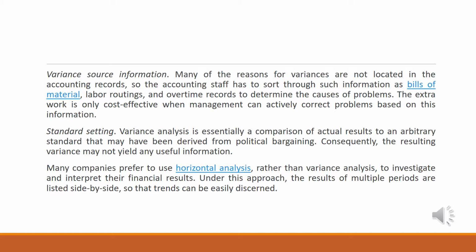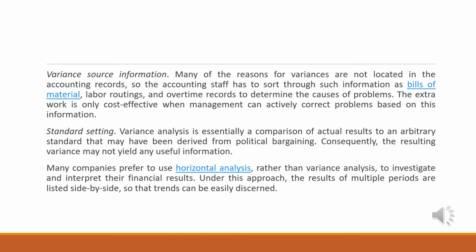Third, standard settings. Variance analysis is essentially a comparison of actual results to an arbitrary standard that may have been derived from political bargaining. Consequently, the resulting variance may not yield useful information.